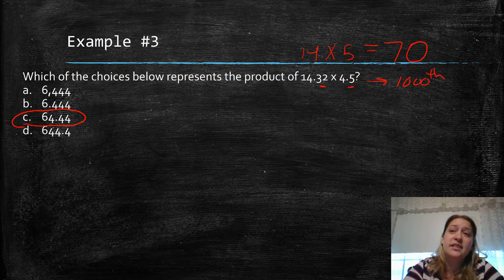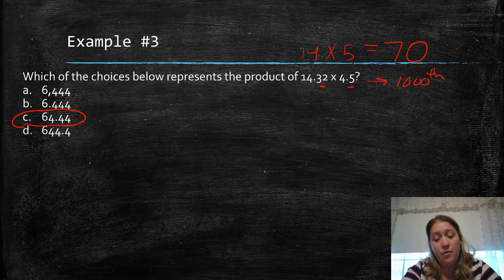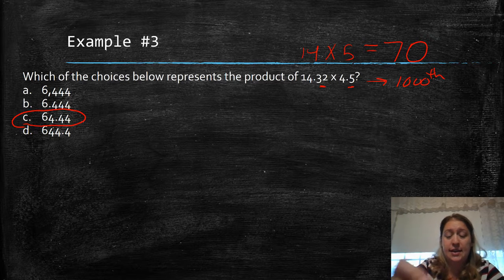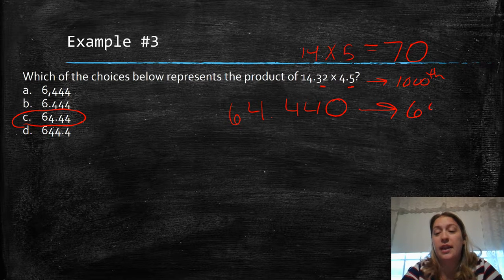Think about what we just did in the last problem. We saw that a product can end in a 0 and therefore be written in an equivalent form. So in this case, 64440 can also be written like this.